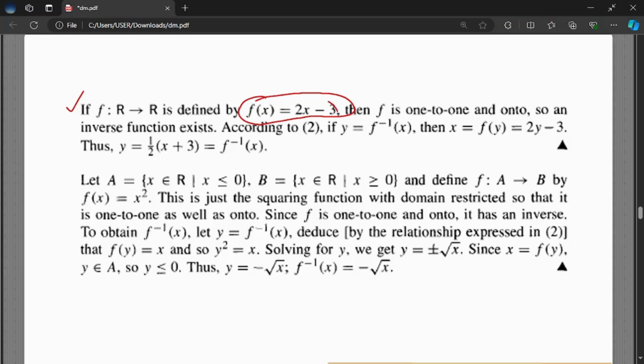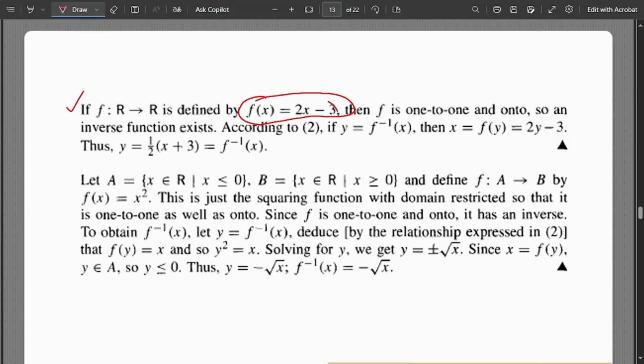So let's find the inverse of this by this technique. We assume f(x) to be y, but we have f(x) as 2x minus 3. So this is y, and solving this, x will be 1 by 2 of y plus 3.